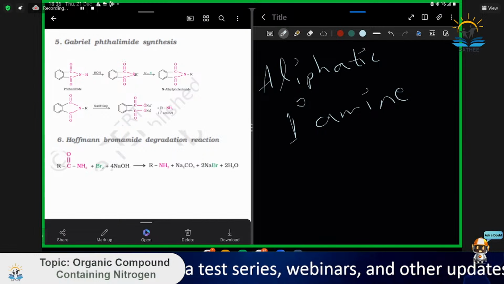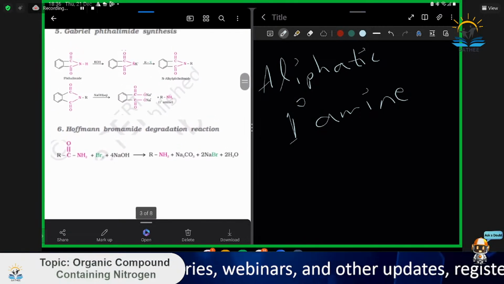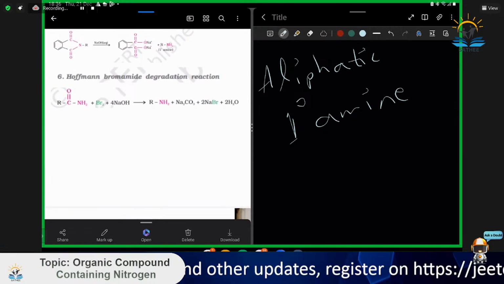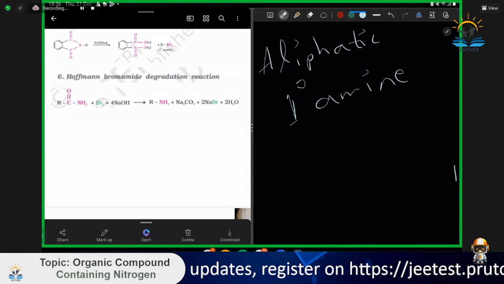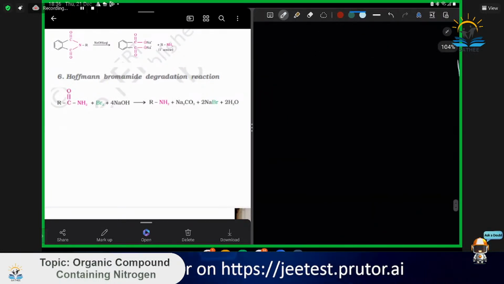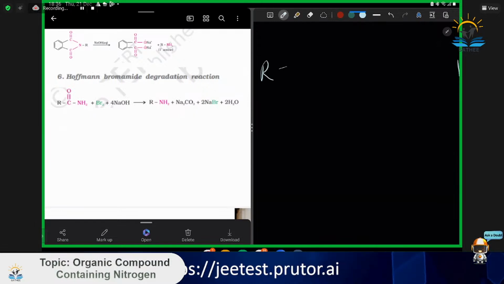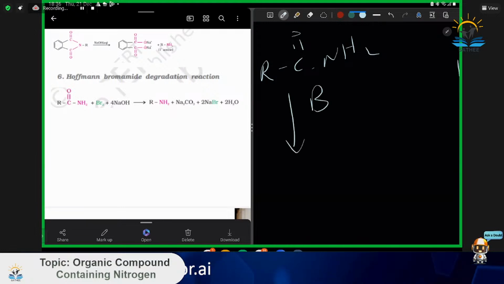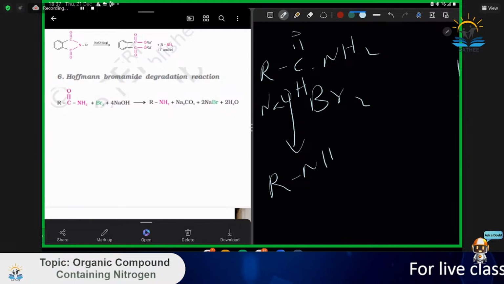Another one is Hofmann bromamide degradation. This is a special reaction. RCONH2 with Br2 and NaOH, minimum 4 moles of it, you will have RNH2 plus side products.